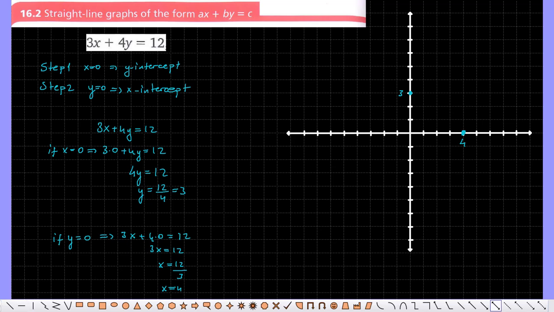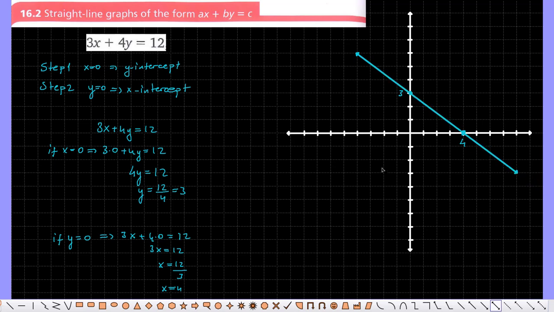Let me choose green here, or white. Then I'm going to draw the line from this point, because I'm measuring like that here. Then it's going to pass through this point and this point.